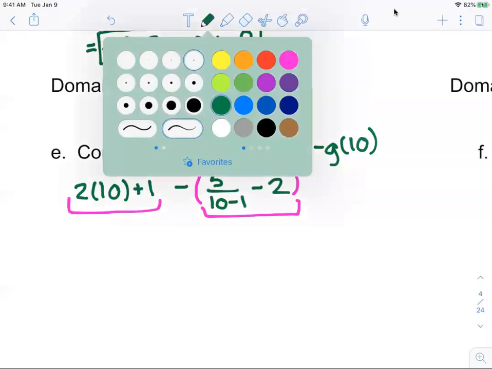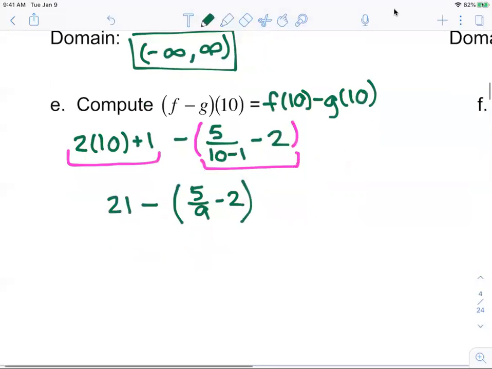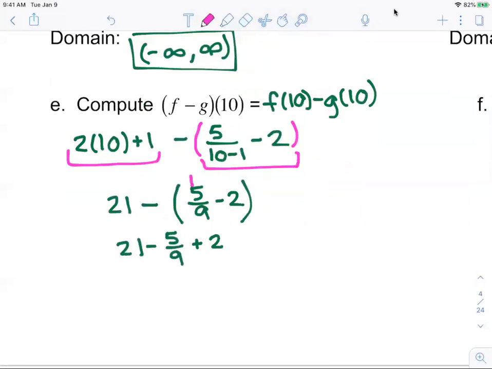So when I start to solve here, 2 times 10 is 20. 20 plus 1 is 21. Minus, here I have 5 over 10 minus 1. So 10 minus 1 is 9. And again, you can use a calculator to go from here, or if you wanted to flip the signs yourself, that would be 5/9 plus 2, because you have to distribute that negative sign, so it ends up being a plus 2.